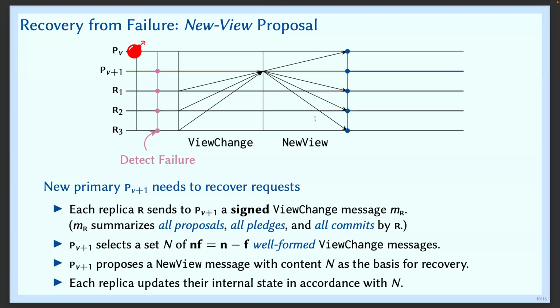Maybe they got T2. This is for T1. Maybe there are some good nodes that either never saw T1 or they maybe got something else. They don't know. In general, we say there are maybe F nodes that are potentially gone.